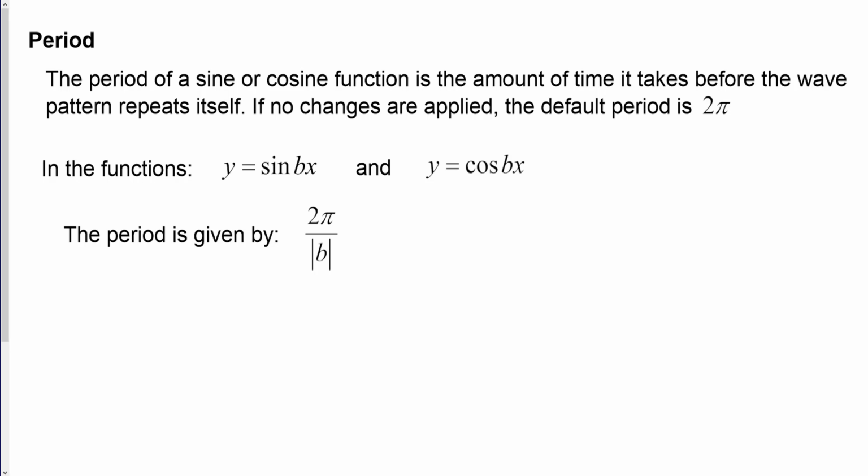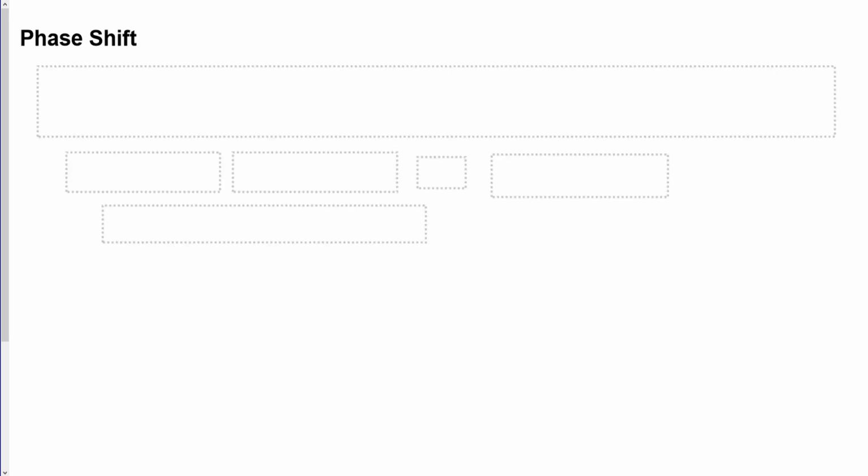If we divide 2 pi by the absolute value of b, then we find the number of patterns that repeat within a distance of 2 pi. That'll make more sense when we do some examples.